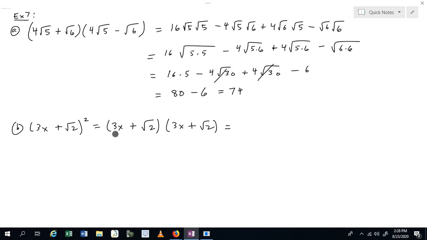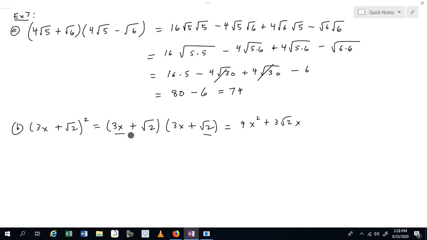Okay, so let's do the first. So 3 times 3 would be 9, and then x times x is x squared. And now outer would be 3 square root of 2 times x, changing the order of multiplication, which is fine.